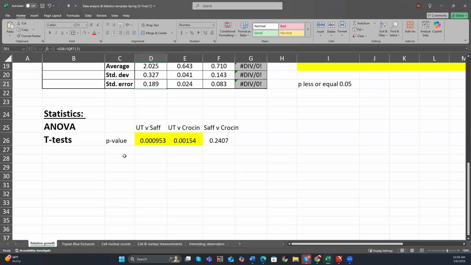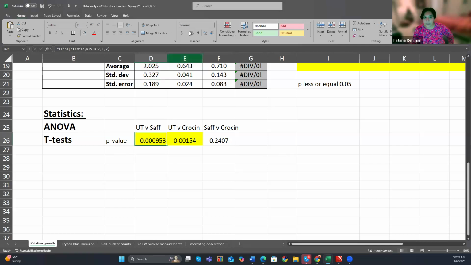Okay, thank you. So we got our t-test and we see where the significance lies, and we know that it really does exist, right? And that's cool. Now we need to confirm that with ANOVA, which shows that when I look at all the groups together, it does show significance, that there is something different there.